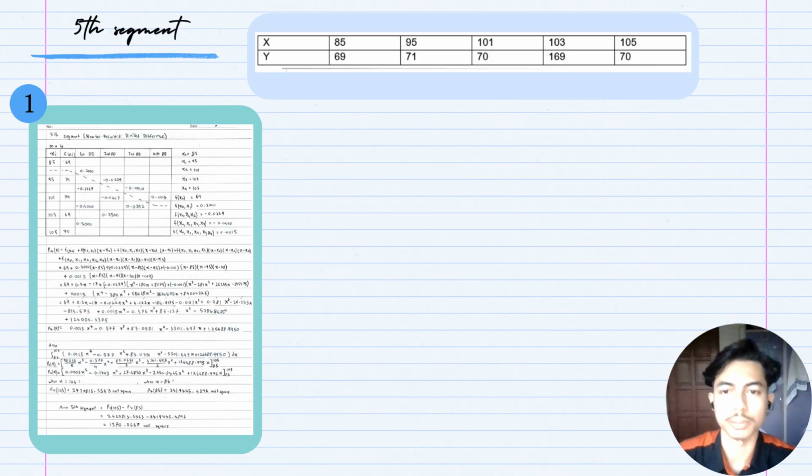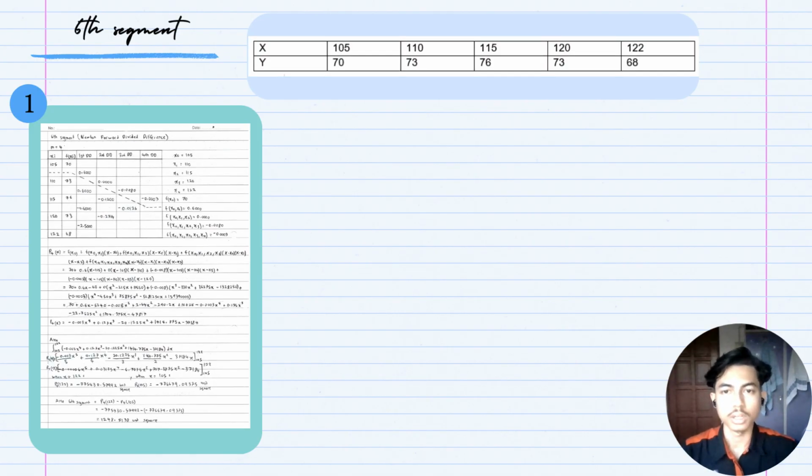For segment 5, we also use Newton forward divided difference, the same as before on the second segment, and then we calculate that to find the area, and after integrating, the area is 1370.0667 unit square. And for 6 and 7, we also use the same method, which is Newton forward divided difference.